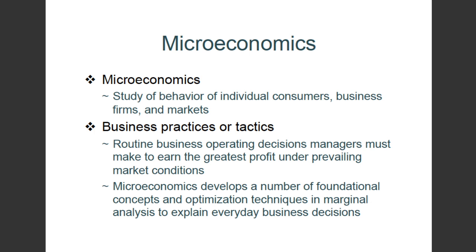Okay? So prices and output, and then other variables are the decisions made in microeconomics.